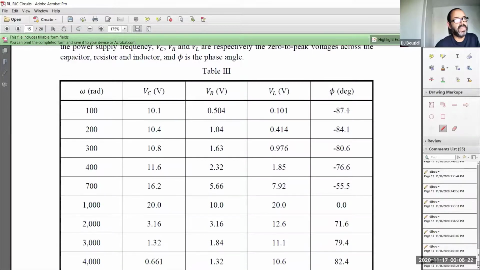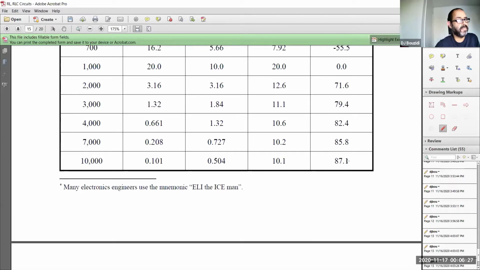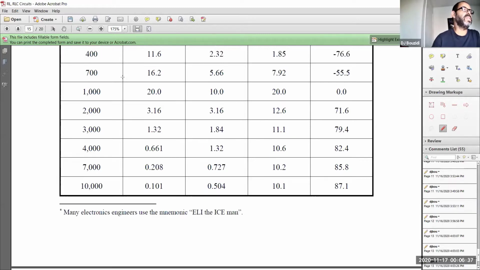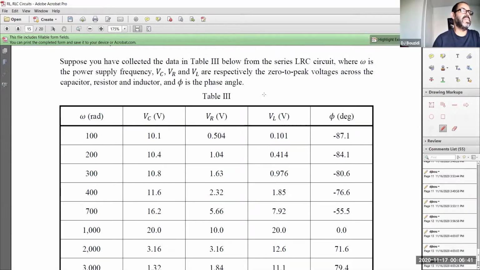And phi is a negative number, then it cancels, and then it becomes positive. So this data is given to you instead of actually doing it in the lab, because we're not together to collect this data. I'm providing you the data, okay? So you have it for different frequencies. We're changing frequency in here and getting this data in here.